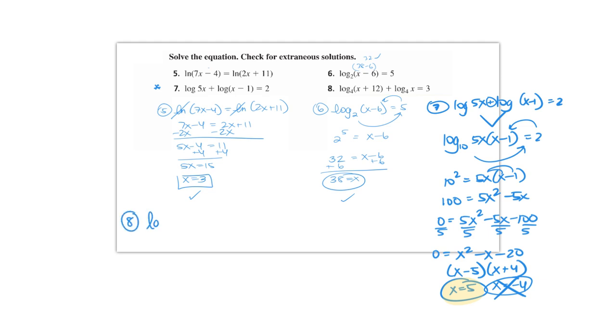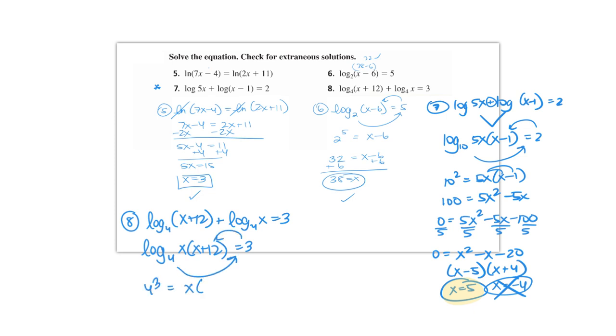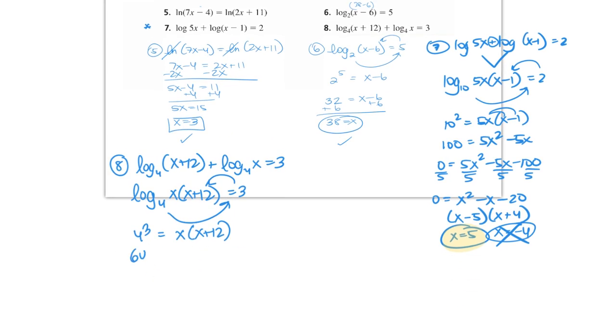And last but not least, let me do number 8. I've got log base 4 of x plus 12 plus log base 4 of x equals 3. Again, I have to condense the left side first. x times x plus 12 equals 3. Rewrite it as exponential, so 4 cubed equals x times x plus 12. 64 equals x squared plus 12x.